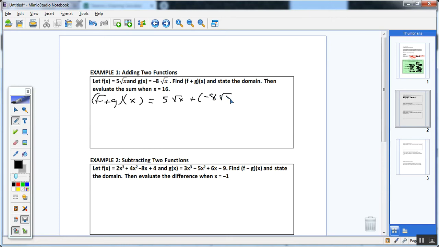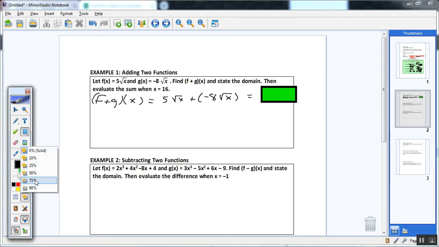Is that right? So we're in a situation here, kids, where we have like radicals, don't we? You have 5 root x's and add negative 8 root x. What does that leave you with? Negative 3 root x. Okay, so there's our solution right there.